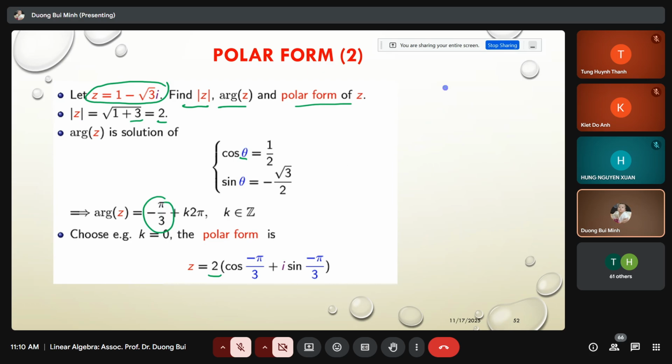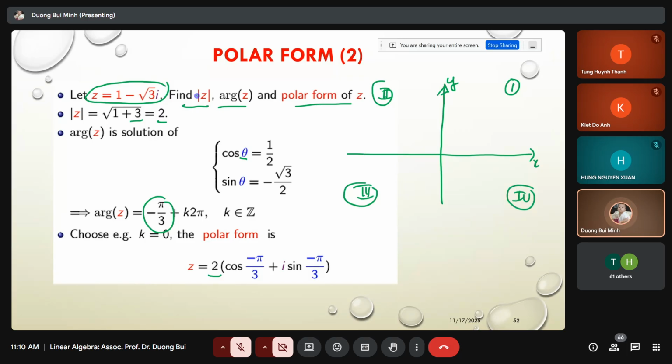How can you get that? It's very easy. This is x, this is y, with the first, second, third and fourth quadrants. So 1 is here, and minus square root of 3 is here.